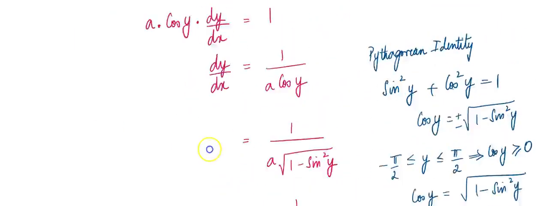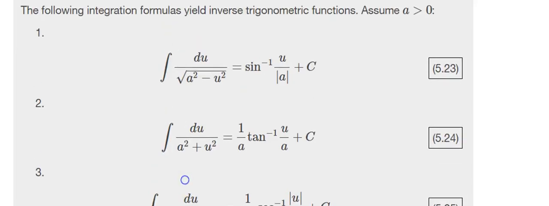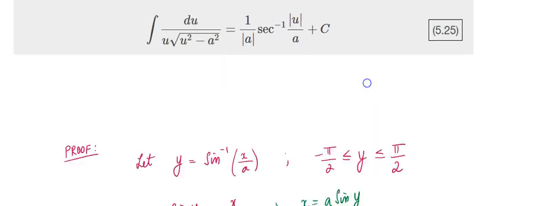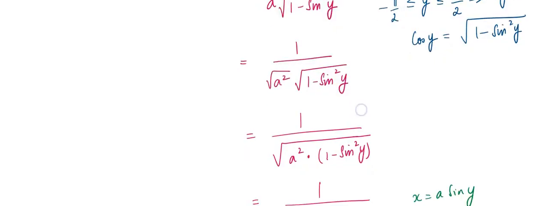Let me see if we can quickly reference the formula here. Okay, so we have the integral du over the square root of a squared minus u squared. In this case, they're using u, but I'm just calling it x. Sine inverse of u over the absolute value of a plus c. That's the same thing that we just derived.